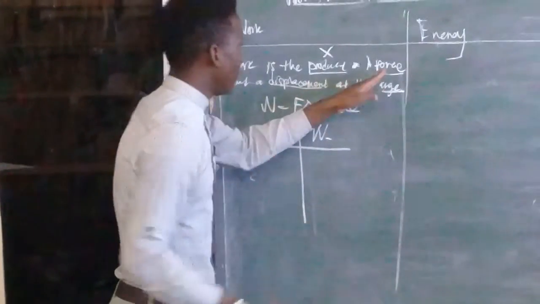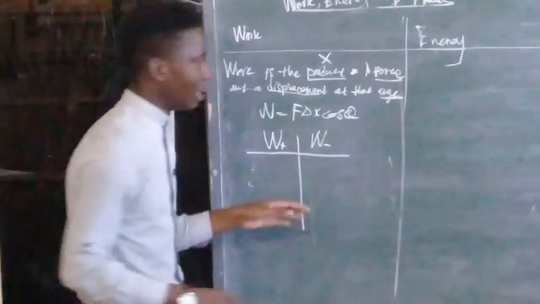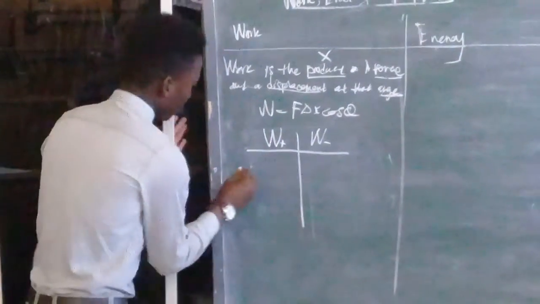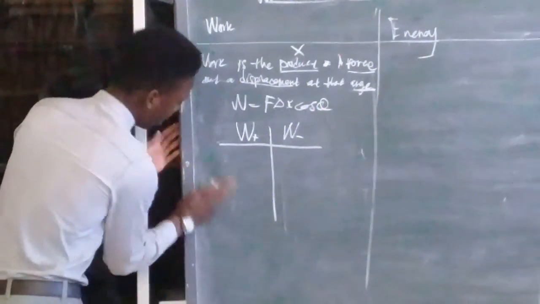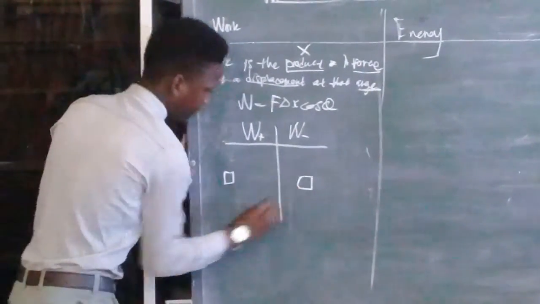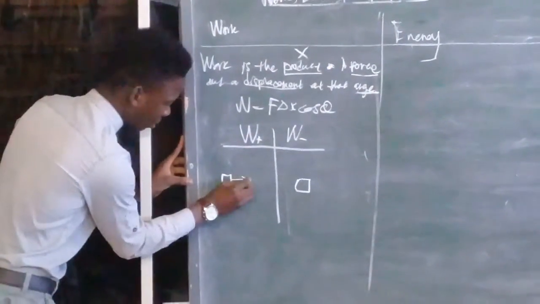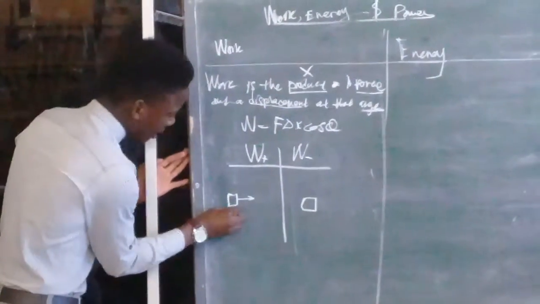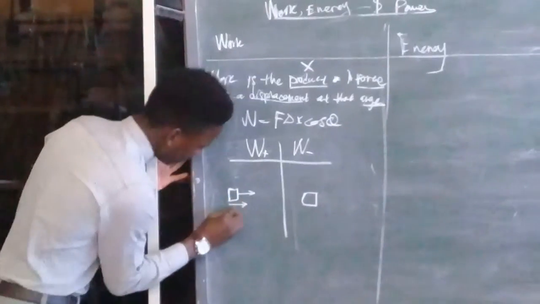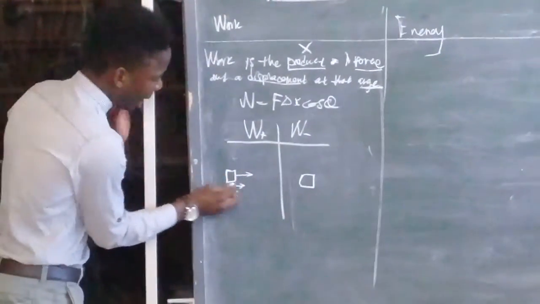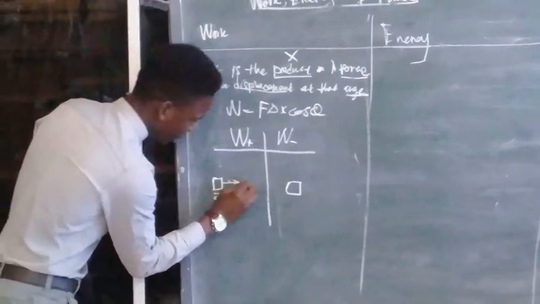It means a force and a displacement must be parallel to each other. So we can show it this way. If we have an object, and then the force is going that way, for us to find the work which is positive, the changing x must be parallel to the force.